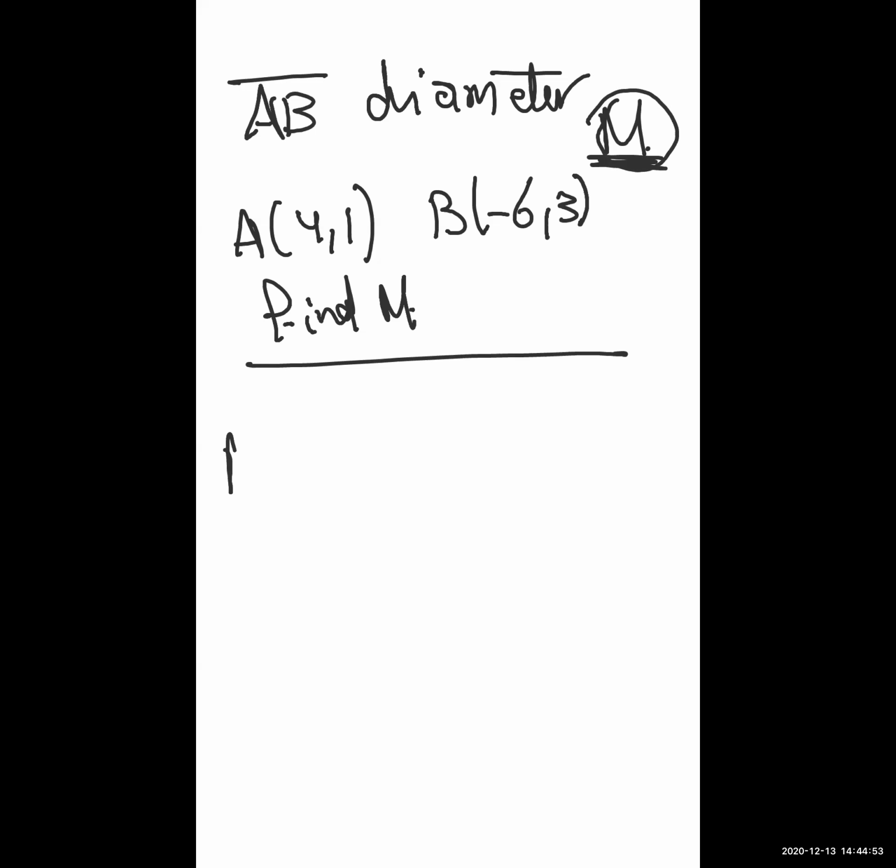Now how to get M? M will equal (x1 plus x2) over 2, so 4 plus -6, which is -2, over 2, and (y1 plus y2) over 2, 1 plus 3 means 4 over 2. So M here will equal (-1, 2).